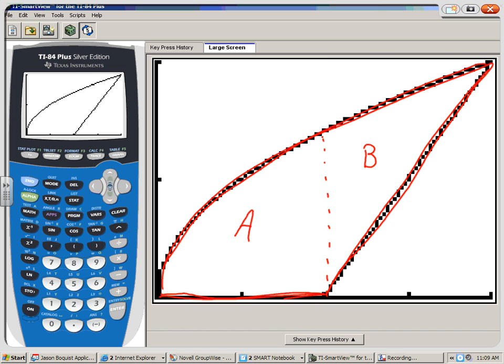Okay. For region A, we know that the square root of x is on top. We know that the x-axis is on the bottom, correct? So in other words, we could just integrate that one. And isn't that the answer it's going to get us? Because we're going to subtract 0 for the bottom one. So to do that one, it's from 0 to, now do we know exactly what that point is down there? Do we know that it is 2, 0?